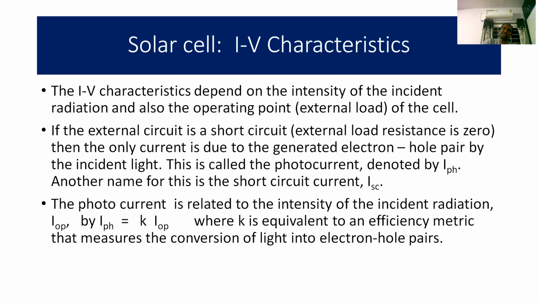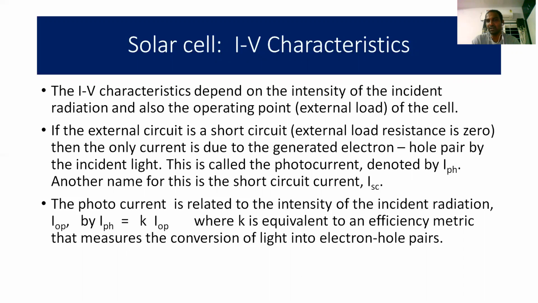Now consider the important characteristics, the IV characteristics of a solar cell. The IV characteristic depends upon the intensity of the incident radiation, that is, how much sunlight is coming, and also on the operating point, that is, how much external load is connected to the circuit. If the external circuit is short-circuited, that means the external load resistance is 0, then the only current is due to the generation of electron-hole pairs by the incident light.